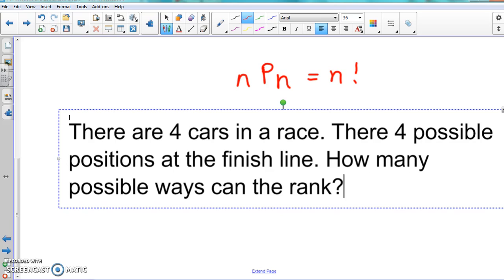So when it comes to this, if I say that there's 4 cars in the race and there's 4 possible positions at the end, so you can be first, second, third, or fourth spot. Order is going to matter simply because normally when it comes to things like a race or sports, the first place winner gets more money than the second place winner, and the second place winner gets more money than third place, and third gets more than the fourth place.